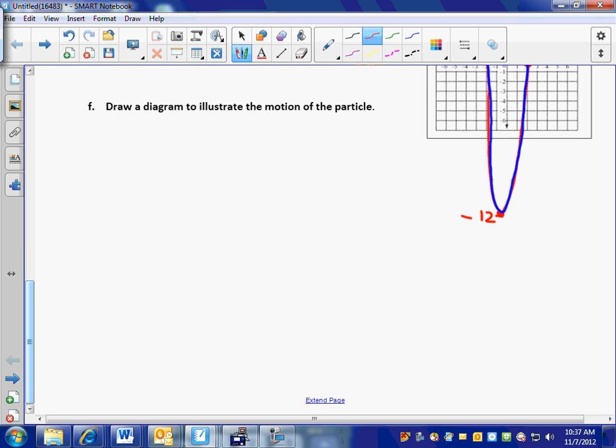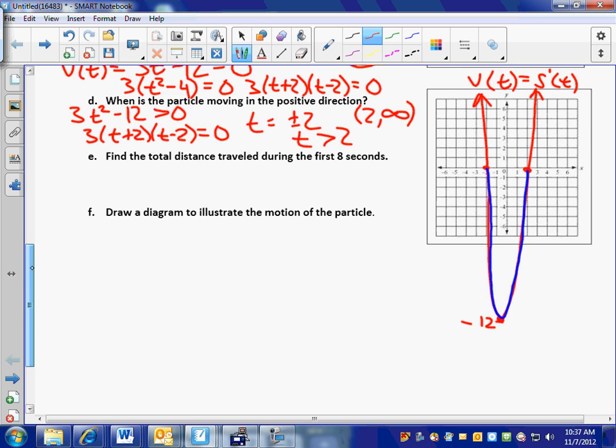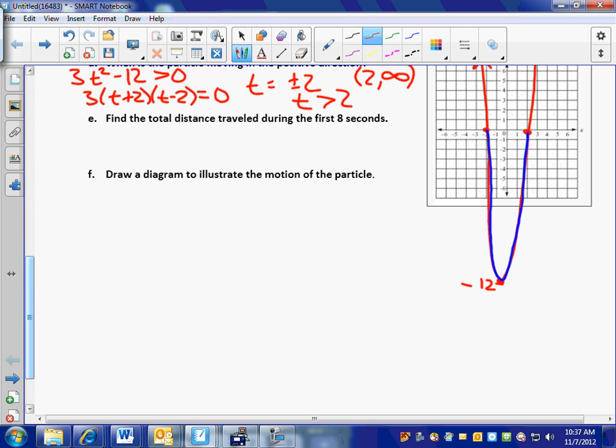So if we want to actually illustrate the motion of this particle, here's one way we can do it, okay? It's going to start at time 0. I'm sorry, I'm throwing a lot at you, but not only does it start at time 0, but where is it at time 0? 0.